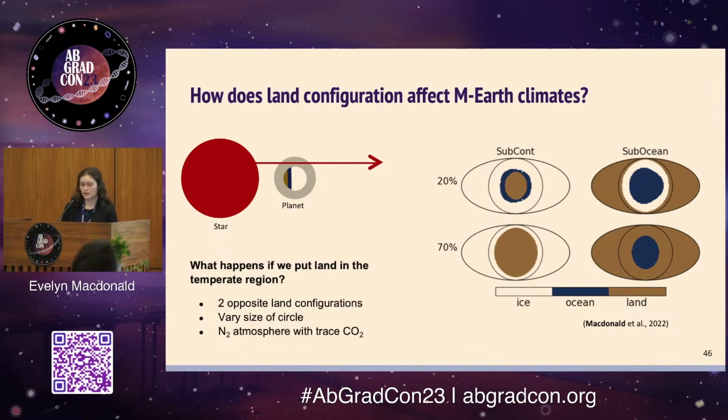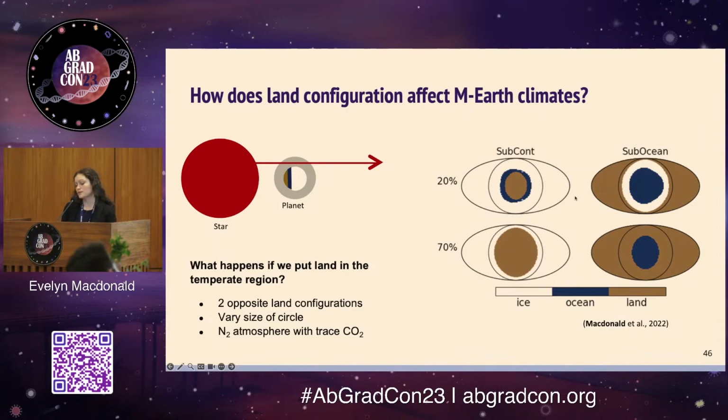So I've done this in a systematic way, as I'm showing over here. Basically, we have two opposite continent configurations, where either all of the land is in a circle at the substellar point, so that's the substellar continent over here, with ocean everywhere else, and if the ocean is cold, there's ice instead of open water.